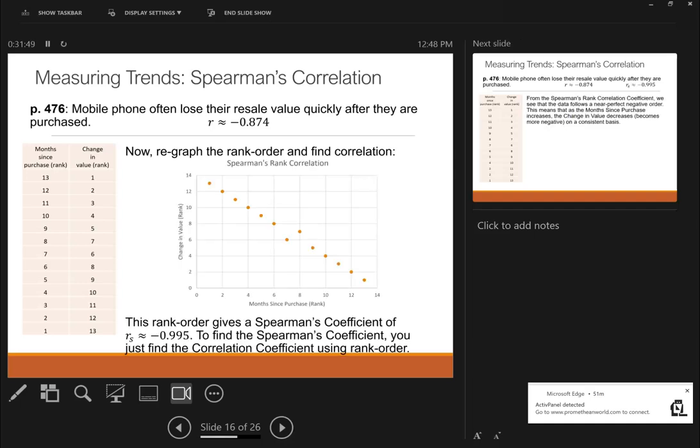So if I graphed the scatter plot here for the Spearman, notice that this is very strongly linear, right? The R value here is -0.995. It's unmistakably a negative sloped straight line. Everybody feel okay there? So far so good? Okay.